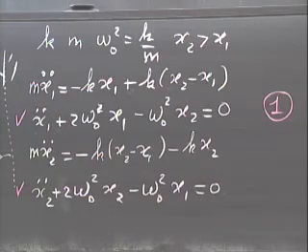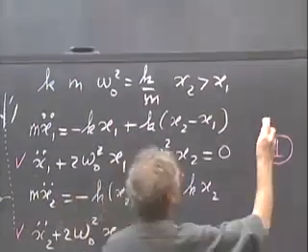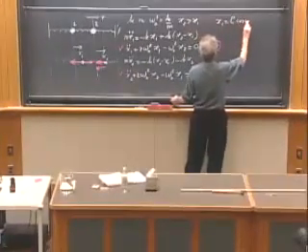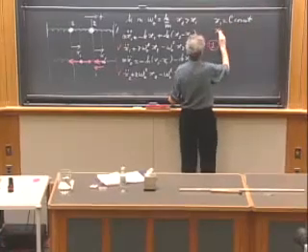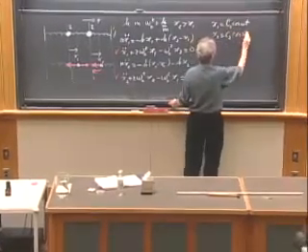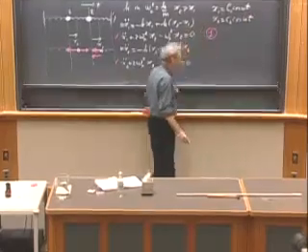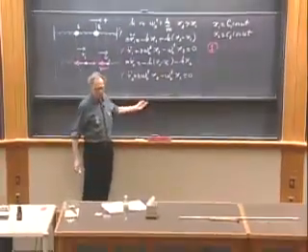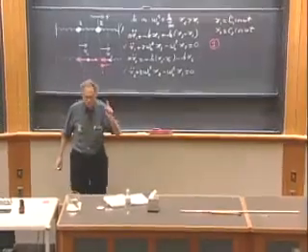Now, I'm going to make an important step. I'm going to substitute in here x1 is c1 times cosine omega t, and x2 is c2 times cosine omega t. I want to know what the normal mode frequencies are for this system. I want to solve for omega.